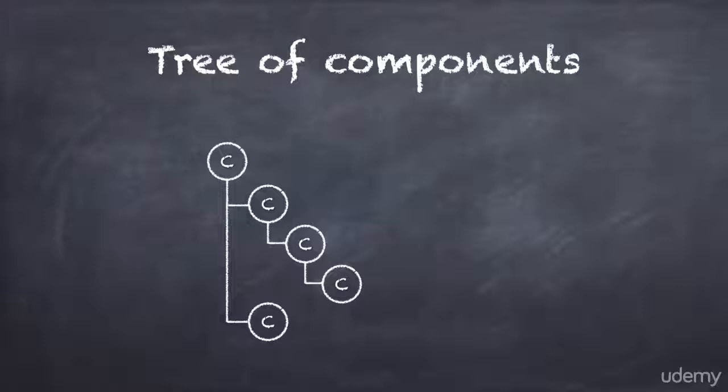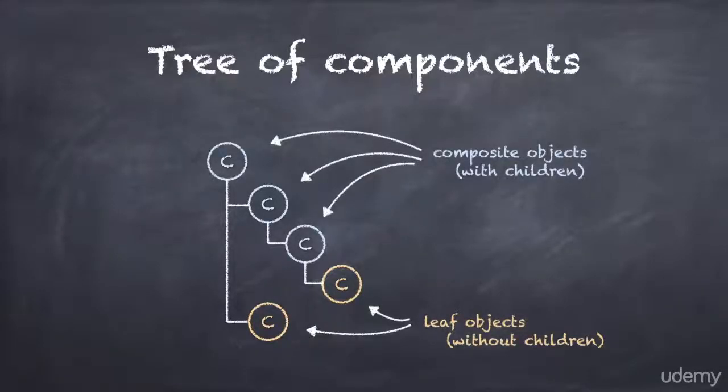We have a special name for components with or without child components. Any component with at least one child component is called a composite, and any component with 0 children is called a leaf.